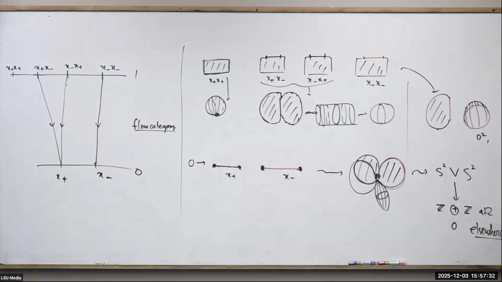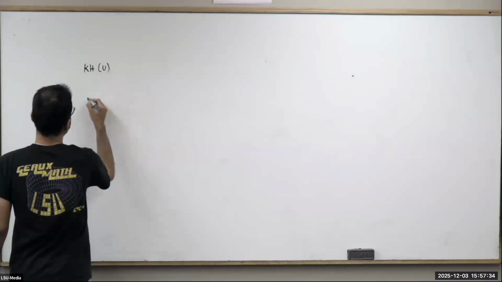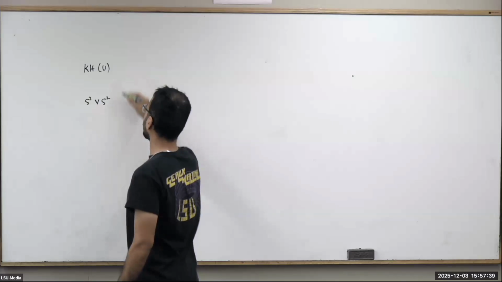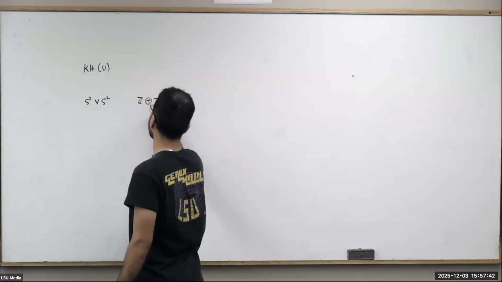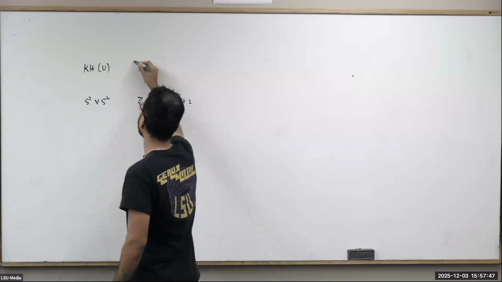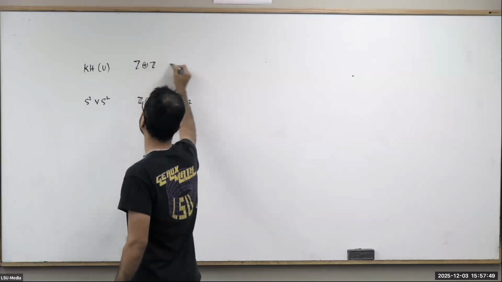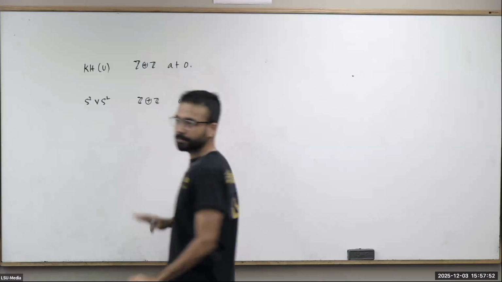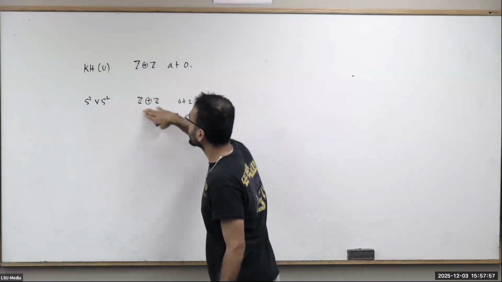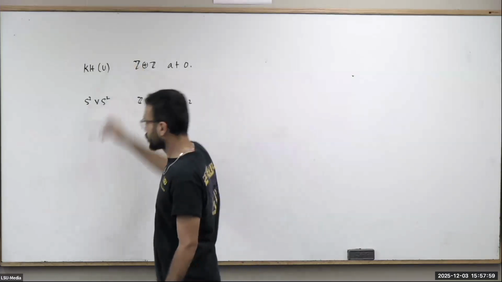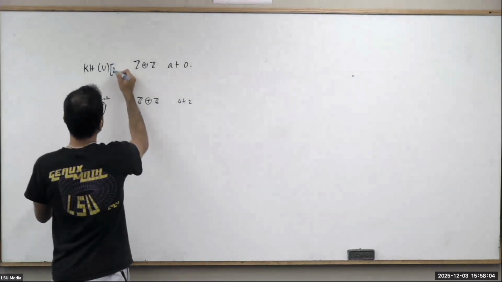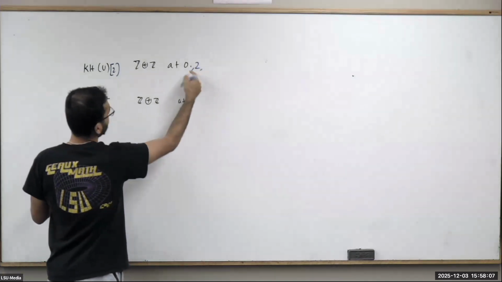This is your Khovanov homology of the unknot. This is your homology of S2, which is Z direct sum Z only at 2, 0 elsewhere. I'm not writing the 0s. This is saying Z direct sum Z at 0. That means to match up, to say that this guy is isomorphic to this guy, I need to shift the homology by 2. If I shift the homological grading by 2, now it's at 2, not 0.